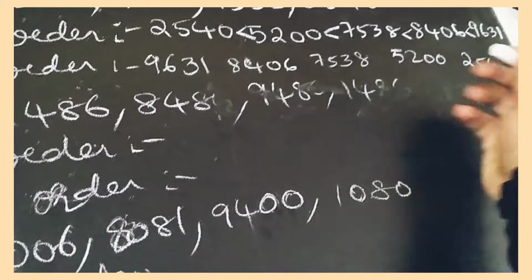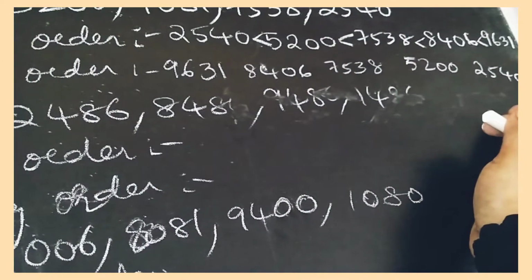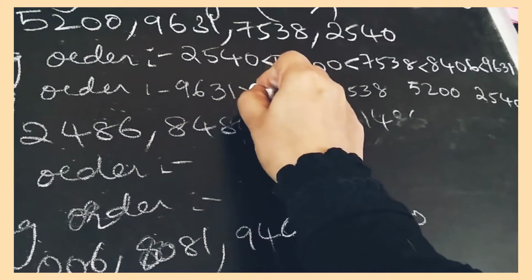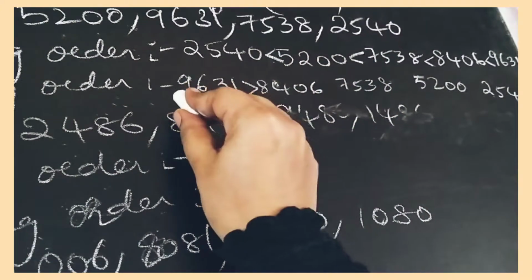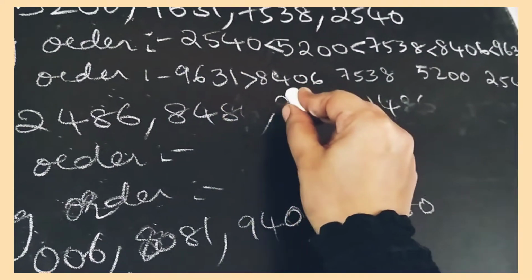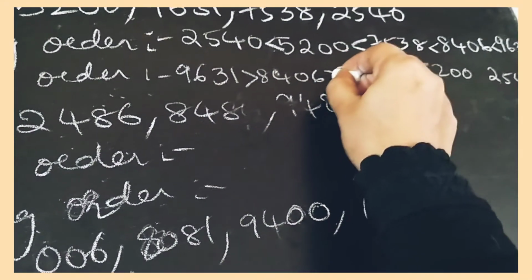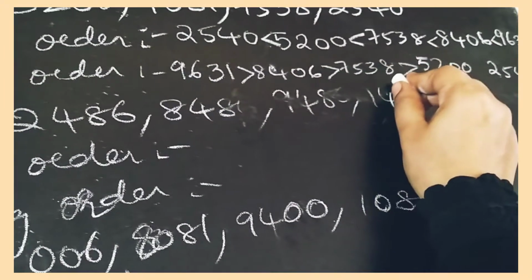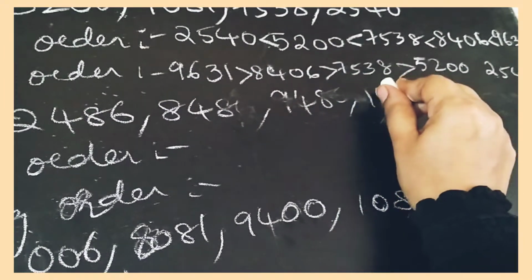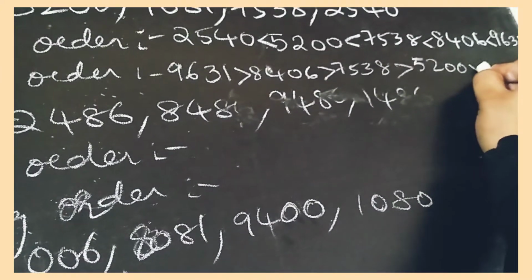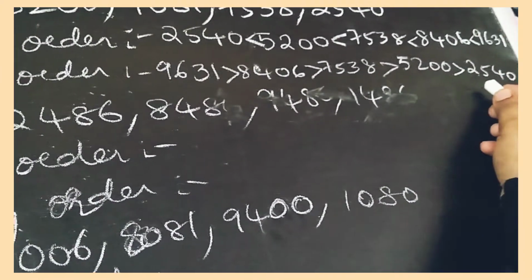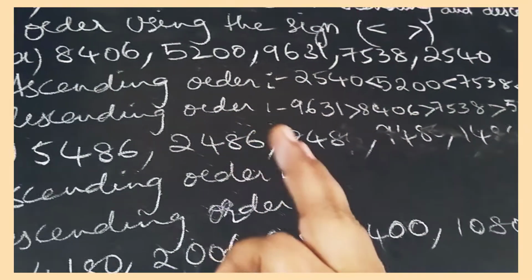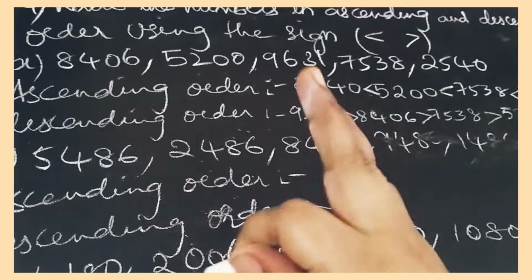Then which symbol do you use? This symbol. So 9631 is greater than 8406, 8406 is greater than 7538, 7538 is greater than 5200, and 5200 is greater than 2540. Like this you write ascending and descending order using a sign.